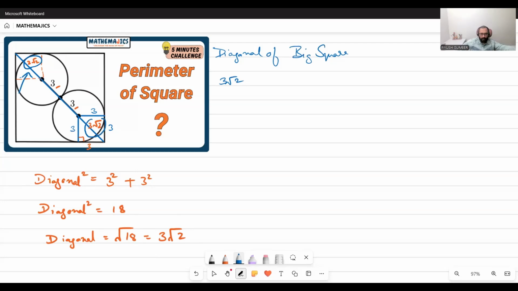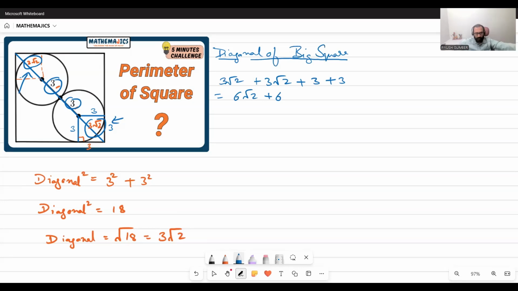And we will take 3 root 2 of this small square as well. 3 root 2 plus 3 root 2. Apart from this, we have this 3 and this 3, which form the diagonal of the big square, correct? So this will add up to 6 root 2 plus 6. This is the diagonal of the big square, correct?